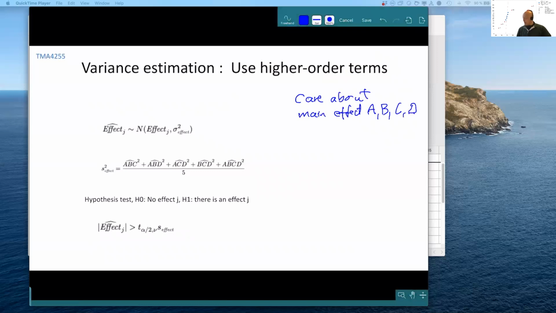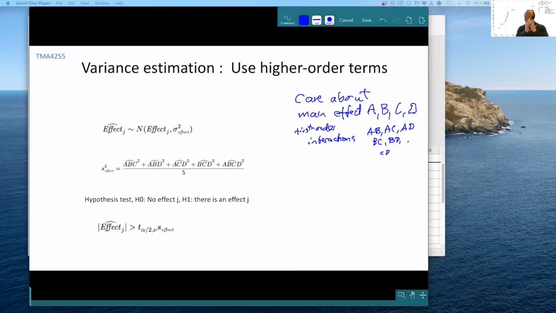And then we care about first order interactions. So that would be AB, AC, AD, could be more. BC, BD, could be more. And then CD.